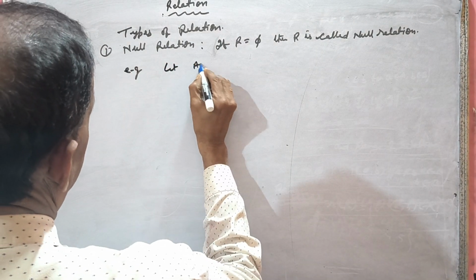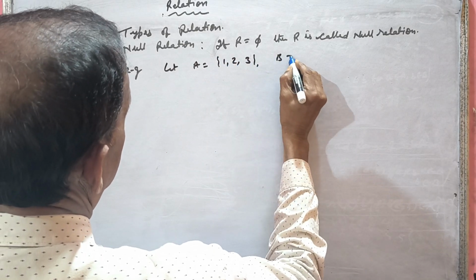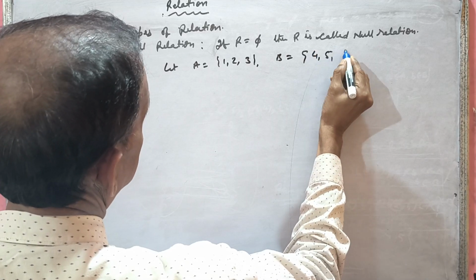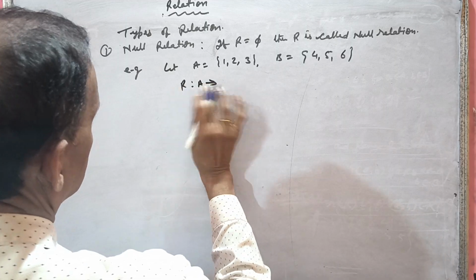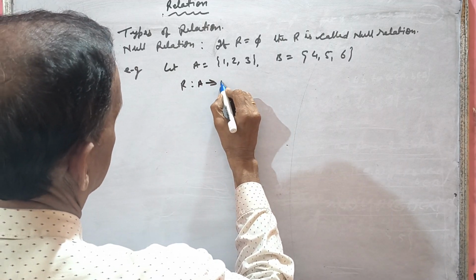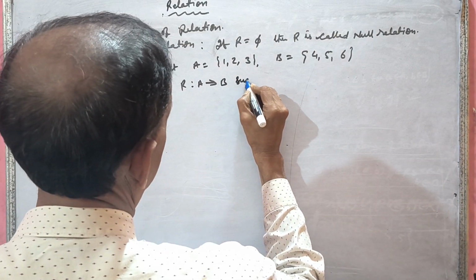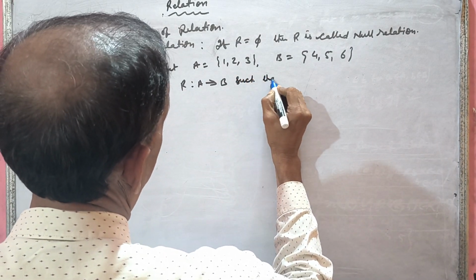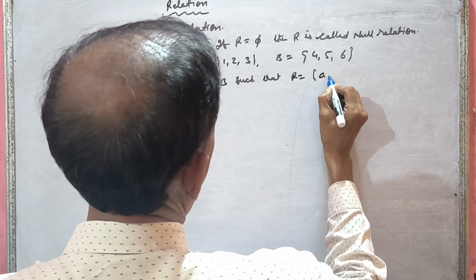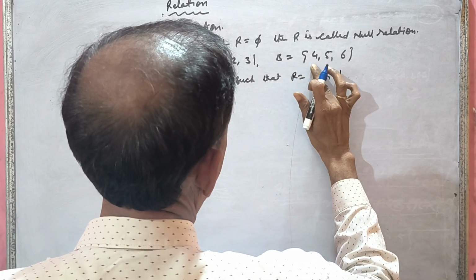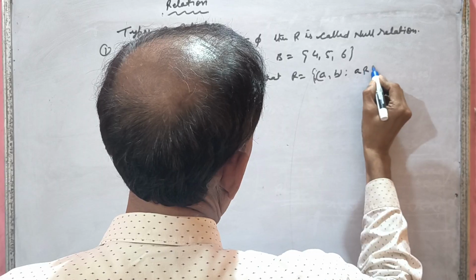Let A be a set with the elements 1, 2, 3. B is a set with the elements 4, 5, 6. And R is a relation from A to B. See the way to write now, how you read it. R is a relation from A to B such that, meaning condition, such that R equals the ordered pair (a, b), such that a is related to b.